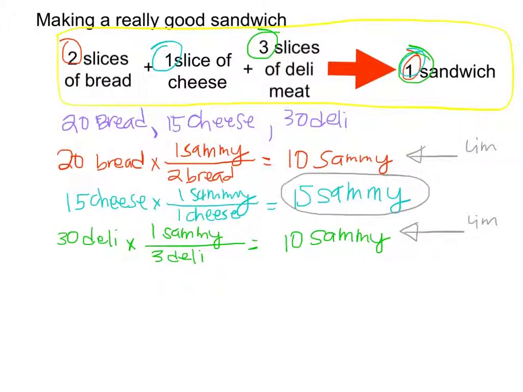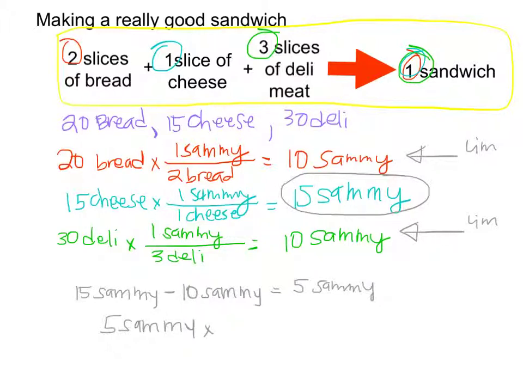So what we need to find is how much cheese is left over based on the number of sandwiches we've made. In order to figure that out, we start off with making 15 sandwiches. We could make 15 sandwiches, but we actually only make 10. So we should have ingredients left over for 5 sandwiches. And since we have enough ingredients for 5 sandwiches, let's figure out how many slices of cheese are left.